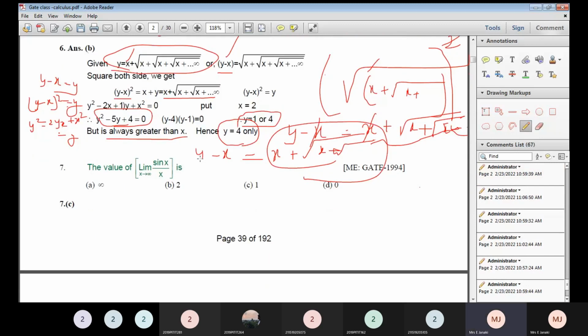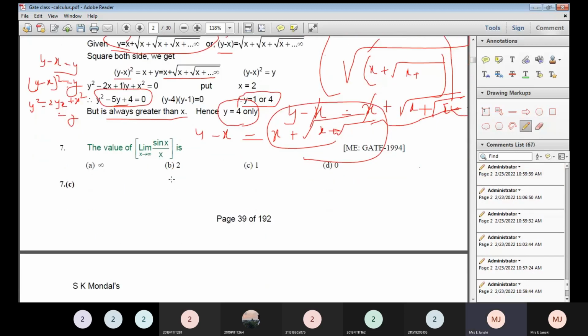Next, see this problem. The value of limit x tends to infinity sin x by x. We've already seen the same problem. In the previous problem we saw limit theta tends to 0.